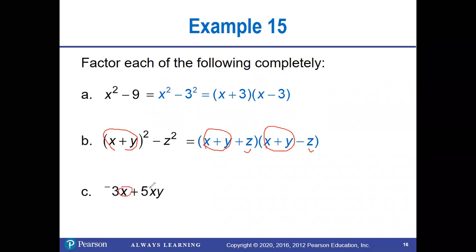The x and the x, the only thing they have in common. So they take out an x. If we look at those two values, they take out the x, left with a -3 plus 5, and so that's why they have those x's that came out. Okay, so let's erase those before I get to the next page.